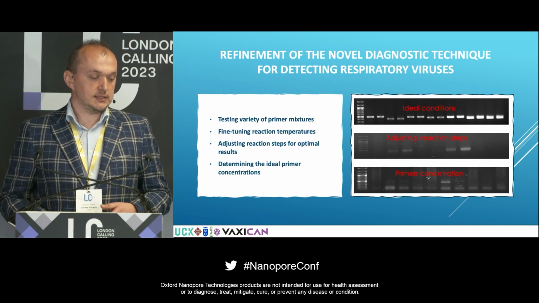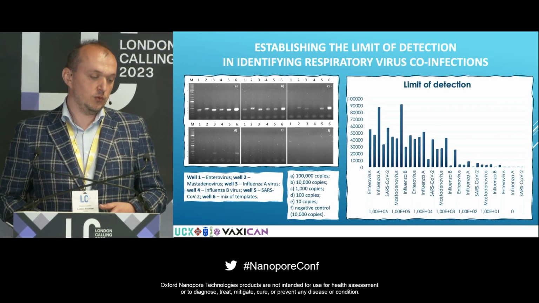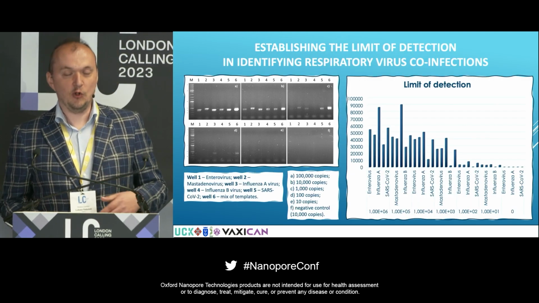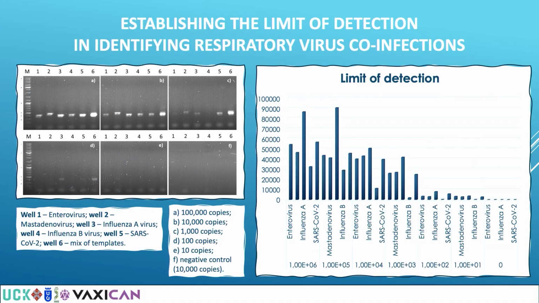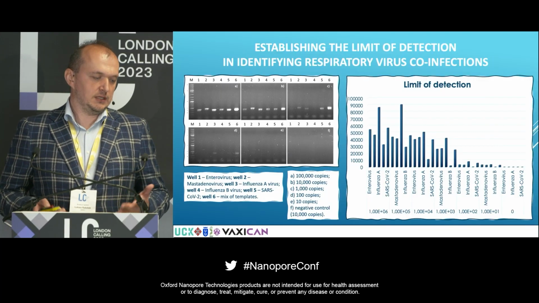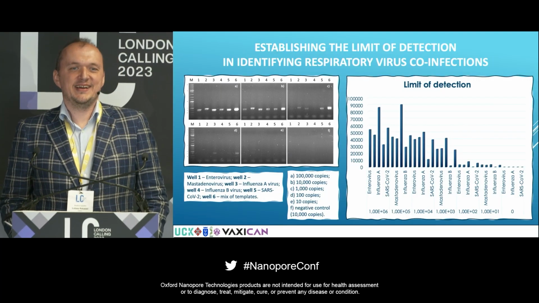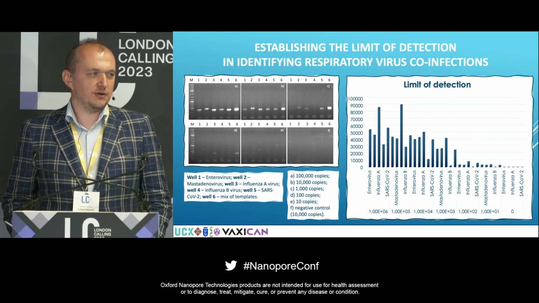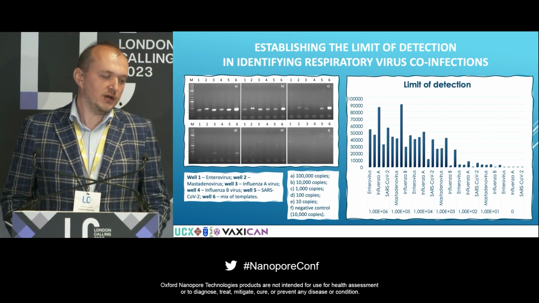But I think we achieved it, or almost achieved it. We are now able to detect as low as 10 copies of the targeted virus in a mix of other viruses. That's something nice, we think. But this is still ongoing work, so maybe we'll go lower, who knows.